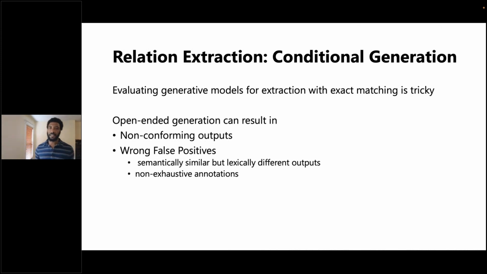So they are lexically different, but they mean the same thing. Moreover, these models can find relations that are actually valid, but are not part of the references of these examples. And this makes it very difficult to conduct automatic evaluation based on gold references. And so in our work, to sidestep this, we resorted to human evaluation.